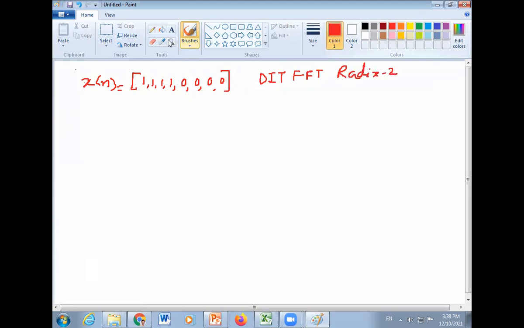So this is how we need to find the DFT of this sequence using the DIT FFT algorithm. Solution.